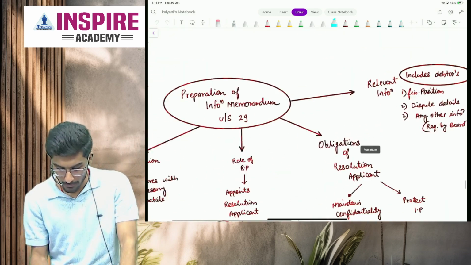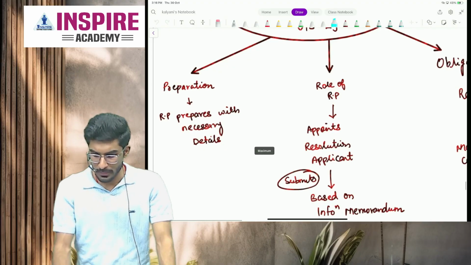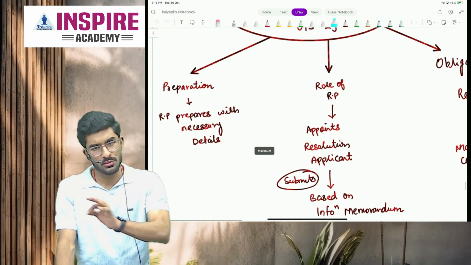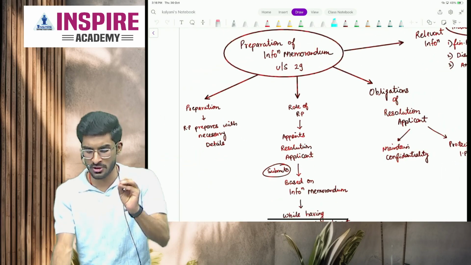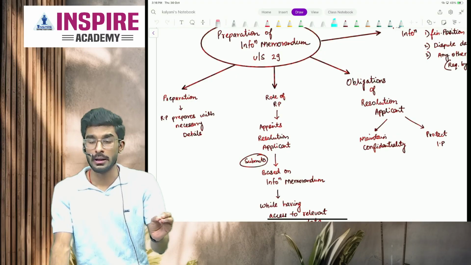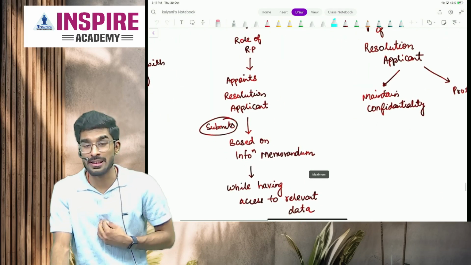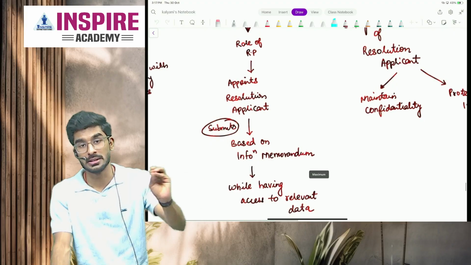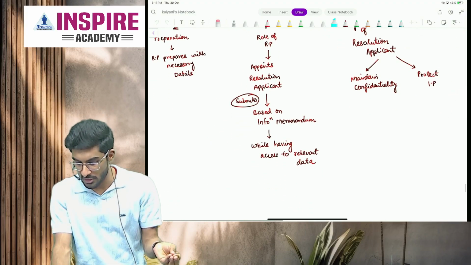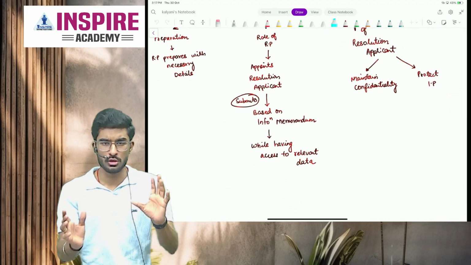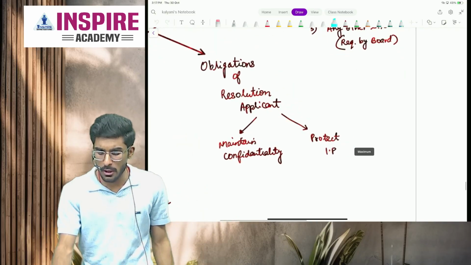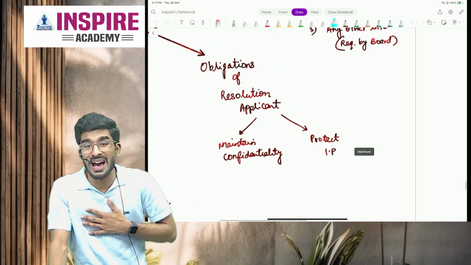So, number one is preparation. RP prepares the information memorandum with all the necessary details. We know all the details. Next is, what is the role of RP? Appointing resolution applicants, who submit a plan based on the information memorandum while having access to relevant data. Number three is, people, what are the obligations of resolution applicant?